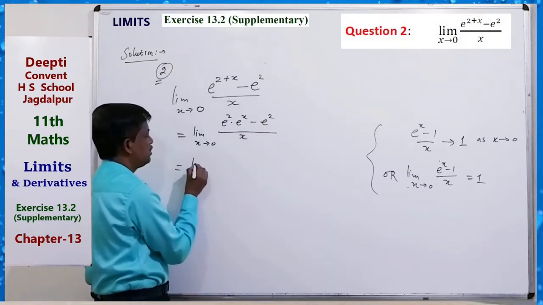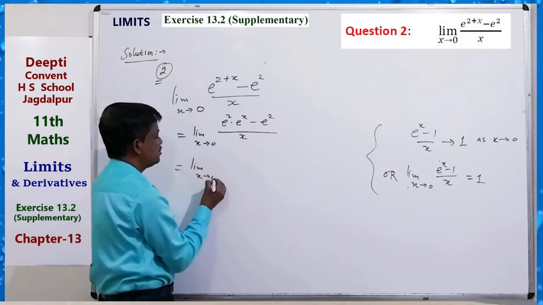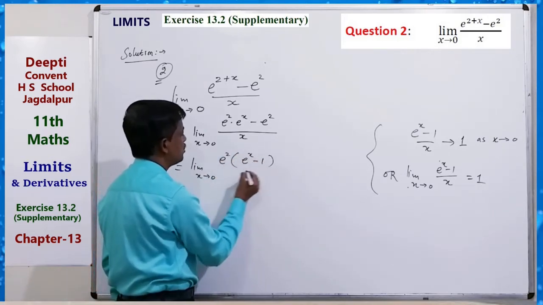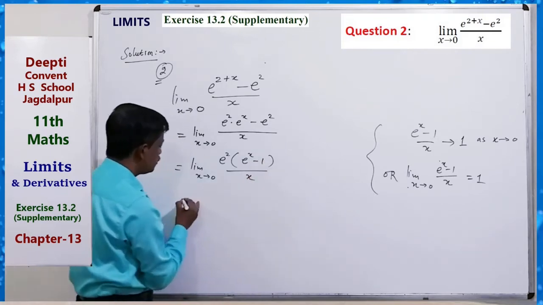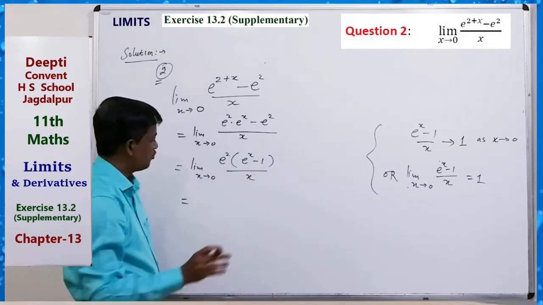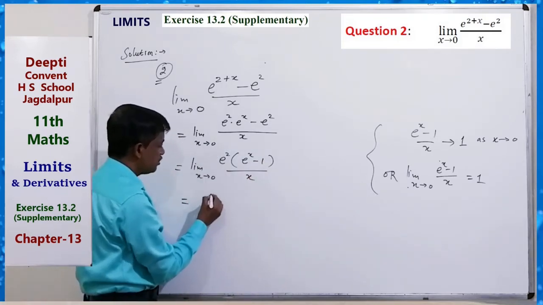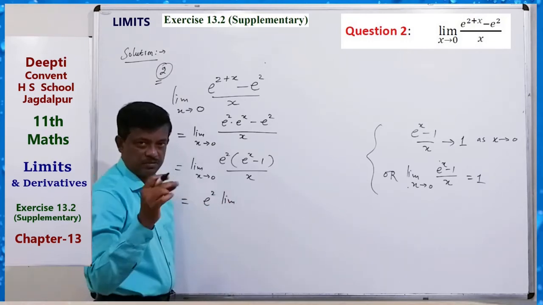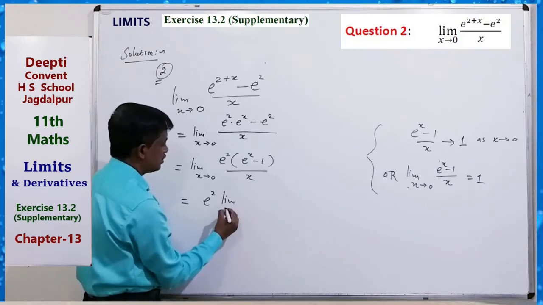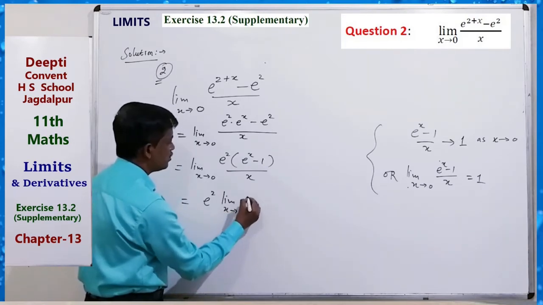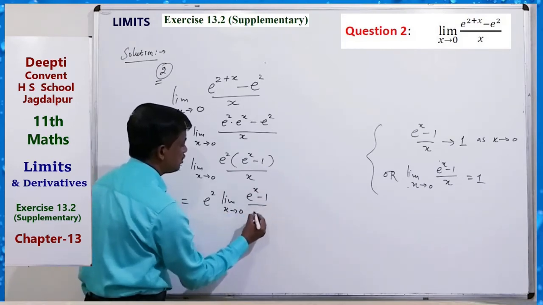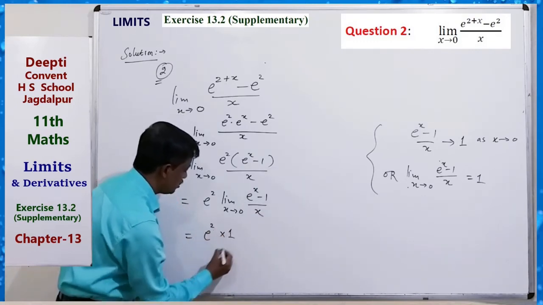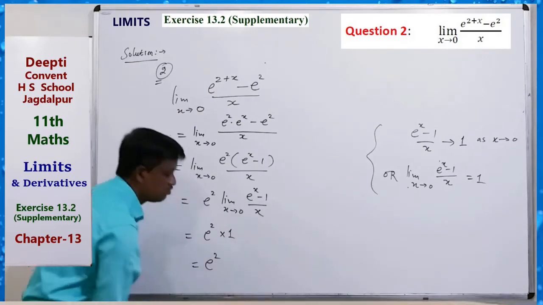So here, limit x tending to 0 of e to the power 2 times (e to the power x minus 1) upon x. Here e to the power 2 is free from x, so it can be written as a constant multiplication: e to the power 2 times limit x tending to 0 of (e to the power x minus 1) upon x, so e to the power 2 into 1 equals e to the power 2.